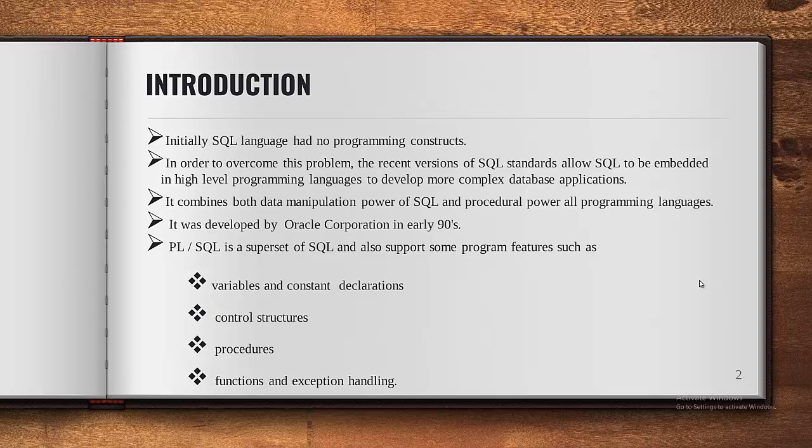There's a difference between procedures and functions, which we'll be learning in the upcoming videos, and we'll also learn about the exception handling that can be used here. So in a nutshell, PLSQL is a programming language that can be implemented in SQL in order to provide more interactivity.